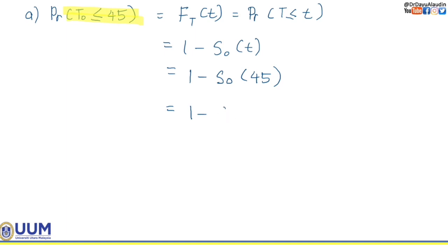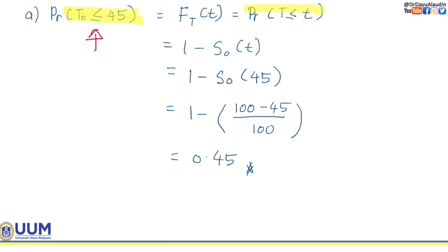We plug into the equation, and it becomes 0.445. So first you have to check the sign here. This sign is referring to the probability of death.